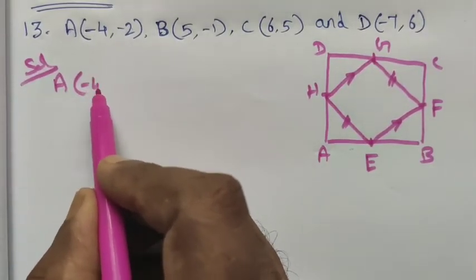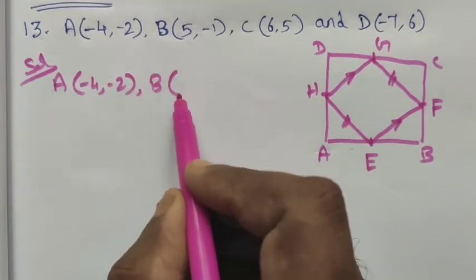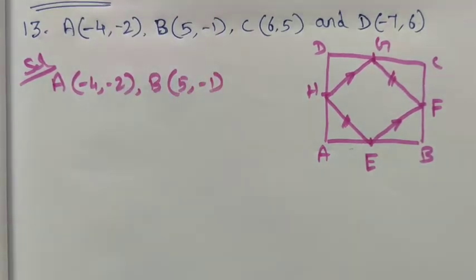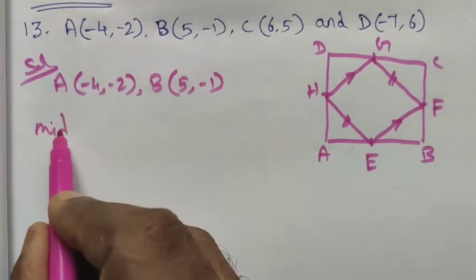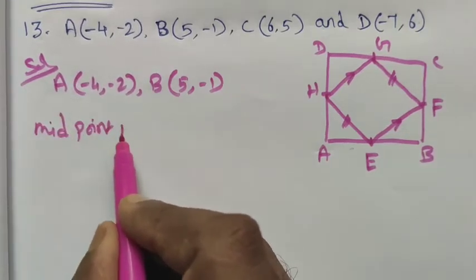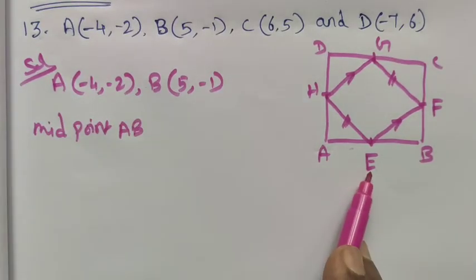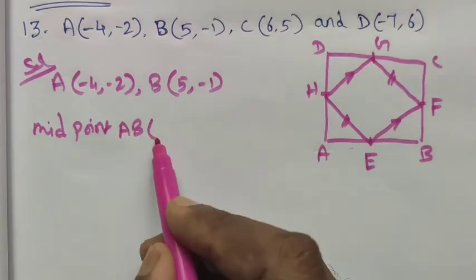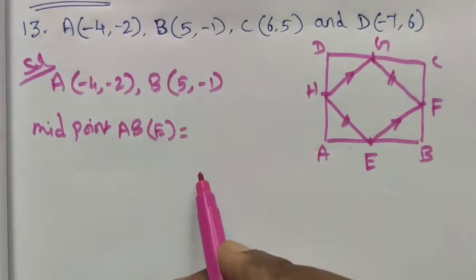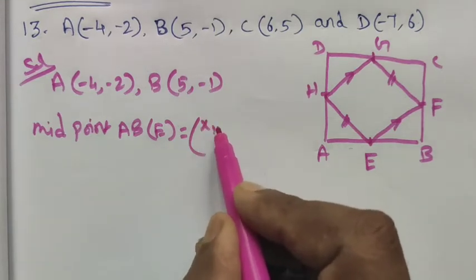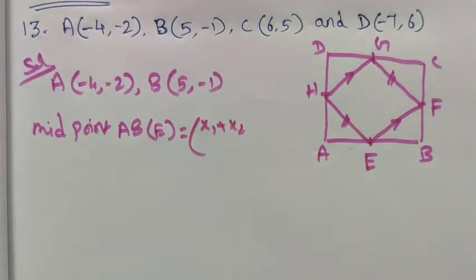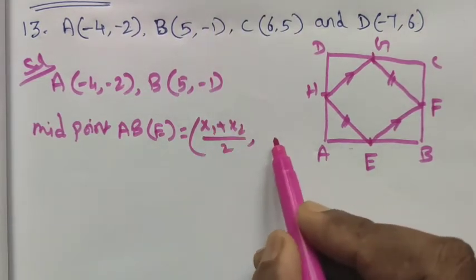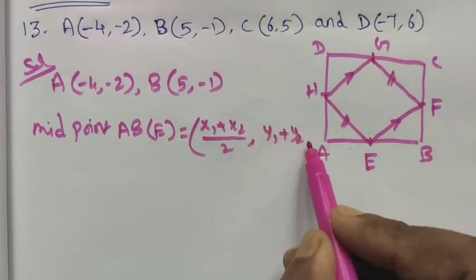A point is (-4, -2) and then B point is (5, -1). We want to find the midpoint of AB. Midpoint of AB, we have taken that as E, is equal to, we know the formula for midpoint, (x1 plus x2) divided by 2, (y1 plus y2) divided by 2.